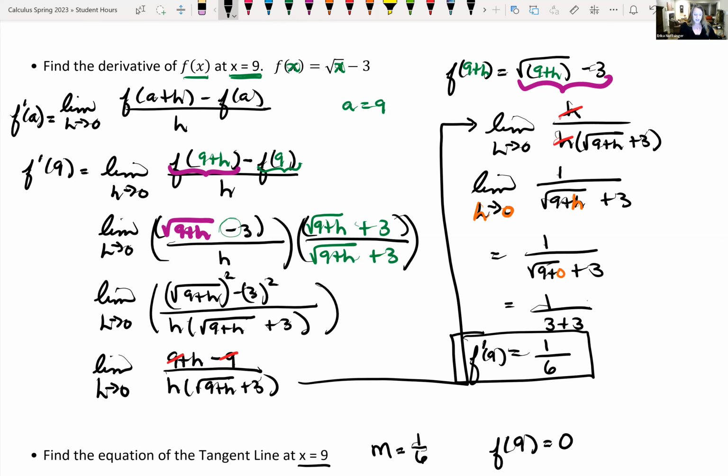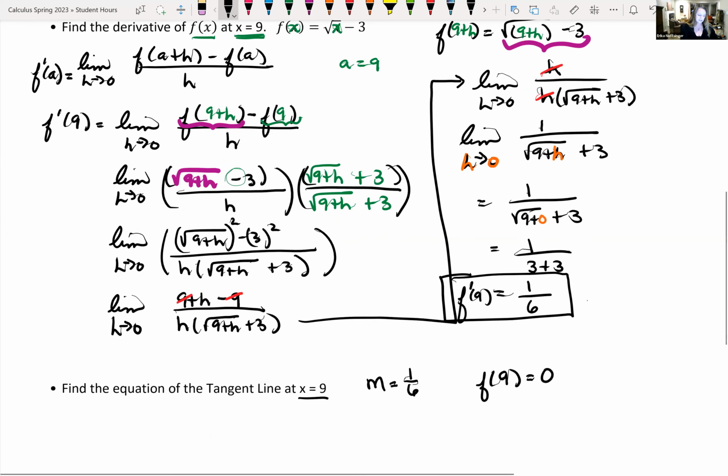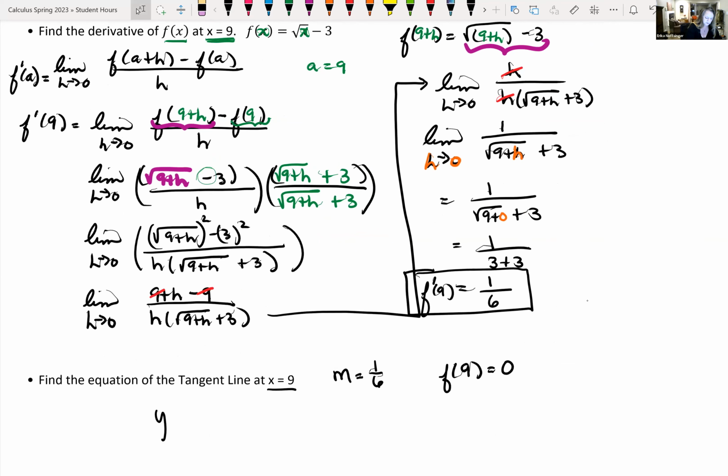So for the equation of a line, there are two ways we can approach this. In my class, we tend to use y equals mx plus b. Plug in the values for our point, our x and our y value. Our x value is 9, our y value is 0, and our slope is 1/6. So if I do that, y, which is 0, equals my slope 1/6 times x, which is 9, plus b.